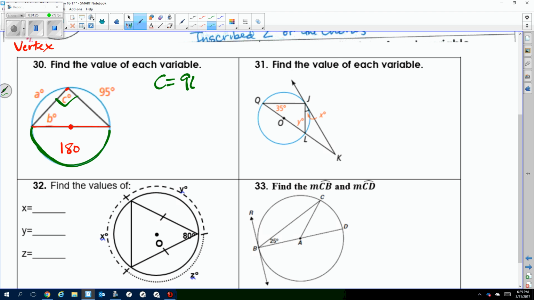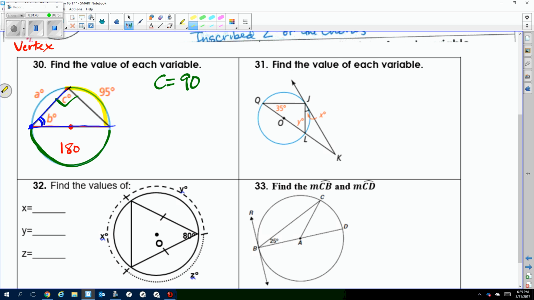If you just remember that, whenever I see a triangle inside a circle with the diameter as the hypotenuse, we're going to have 90 degrees every time. Now, the inscribed angle part is the B. This vertex is on the circle. Here's the angle. The intercepted arc is the 95. It's in between the chords, okay?